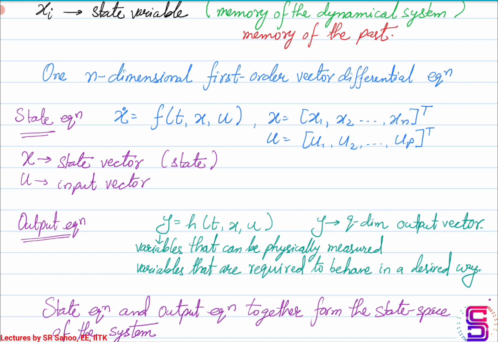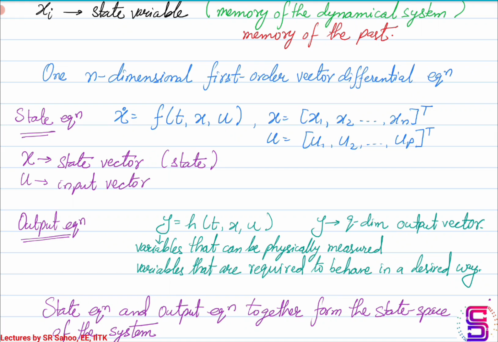The output's dependency on the time, the state vector, and the input vector can also be a nonlinear relationship. So I am representing the output y as a function h that maps t, x, and u to the output, and here there are q number of outputs. y is the output vector, which is a q dimensional vector, and this equation is known as the output equation.